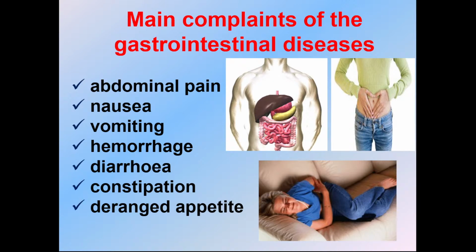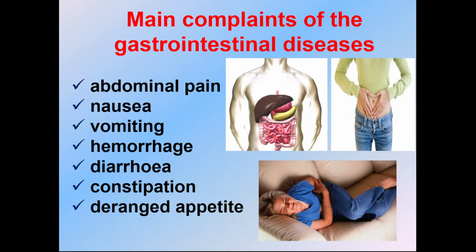The patient can complain of hemorrhage, bloody vomiting or bloody defecation due to an ulcerative process in the esophagus, stomach, or intestine, and we can see blood during vomiting or during defecation.